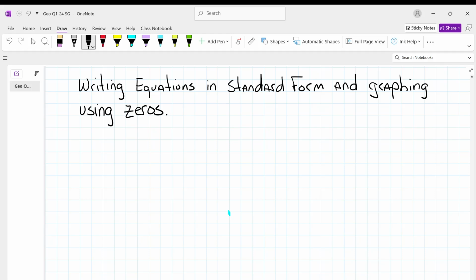Writing equations in standard form and graphing using zeros.